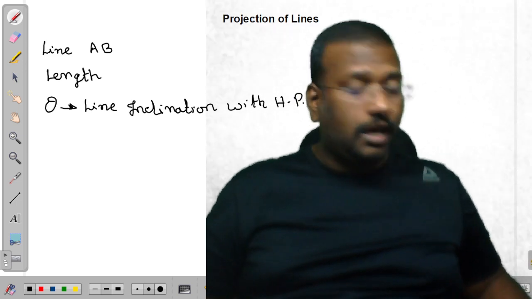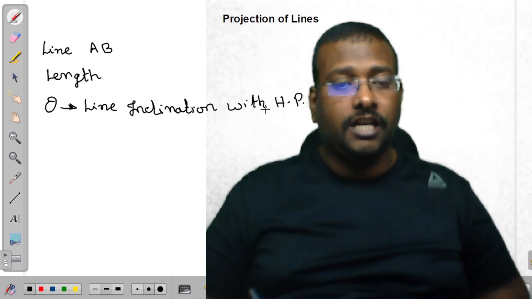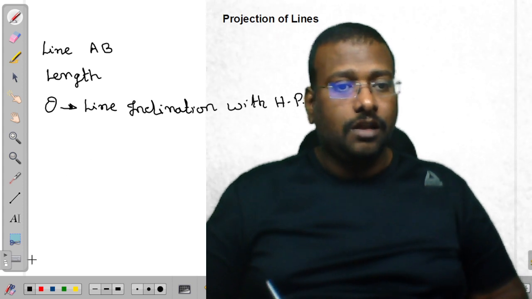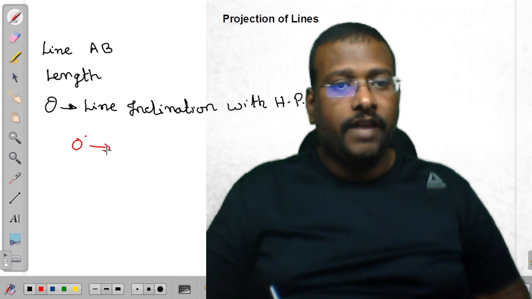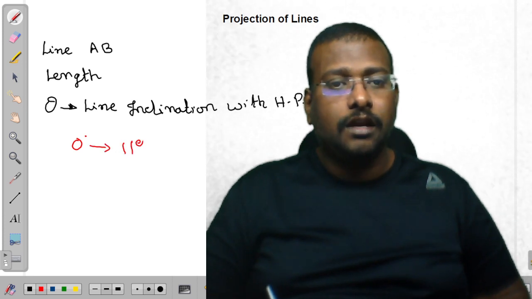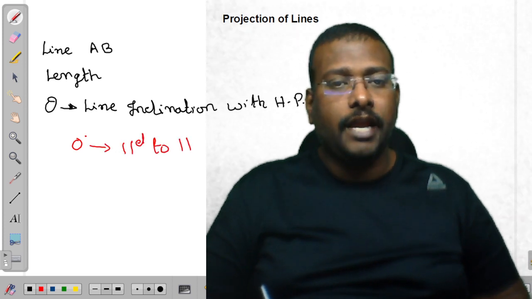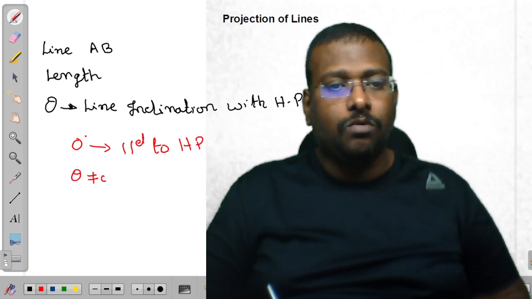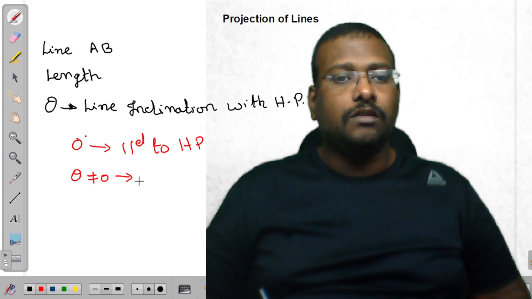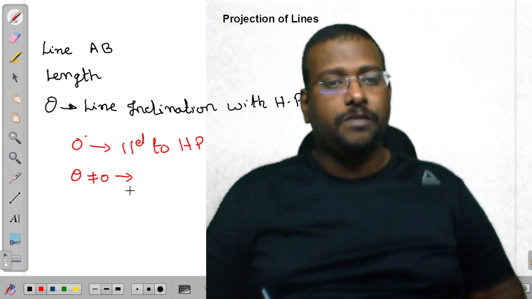So what are the possible values of theta? Theta is 0 when the line is parallel to HP. When theta is not equal to 0, it is inclined to HP.